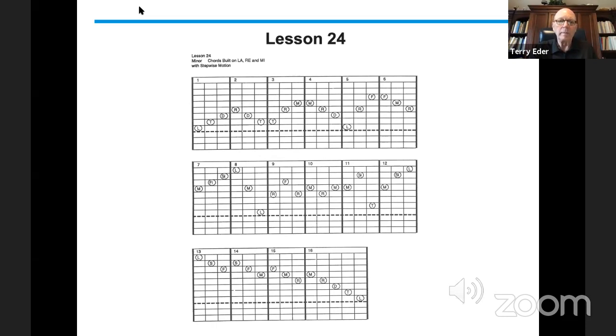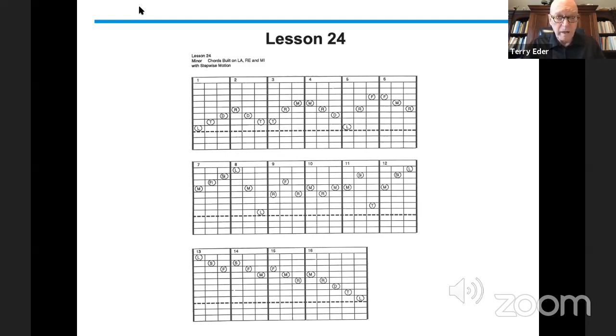Lesson 24, minor. Chords built on la, re, and mi with stepwise motion. La, ti, do. Re, do, ti. Ti, re, mi. Mi, re, do. La, re, fa. Fa, mi, re. Mi, fi, si.